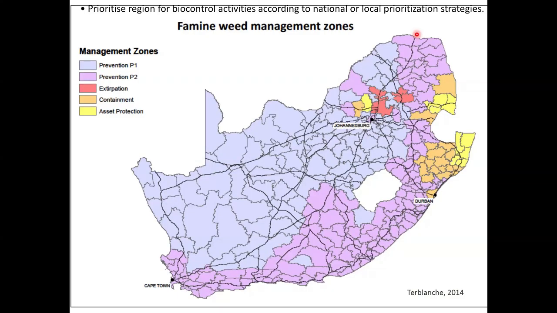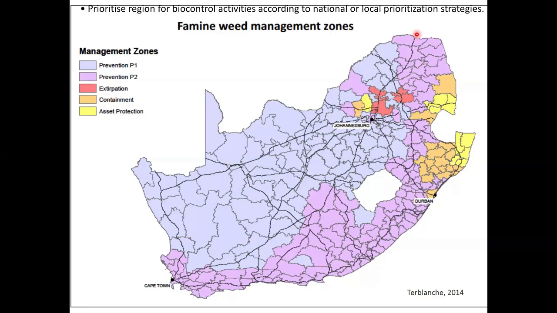In the orange areas, the weed is much more dense and much more extensive. Chemical control is also used in those areas, and biological control could start to be implemented in those zones as well. In the asset protection zones, it is really undesirable and not feasible to be spraying herbicides to the extent of the weed invasion there.